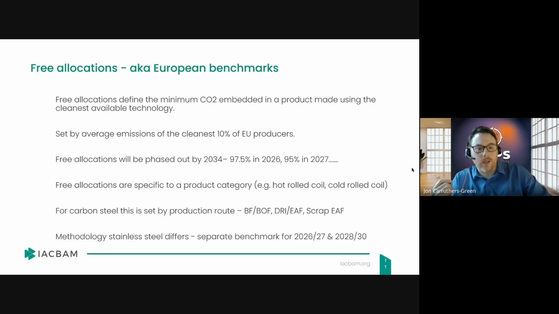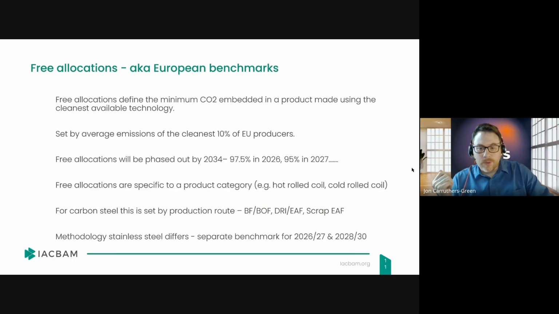For stainless steel, though, we've seen a slightly different scheme. The benchmarks there are managed in a slightly different manner. So there's one figure for 26 and 27, and there's another figure that's applicable for 28 through 2030.